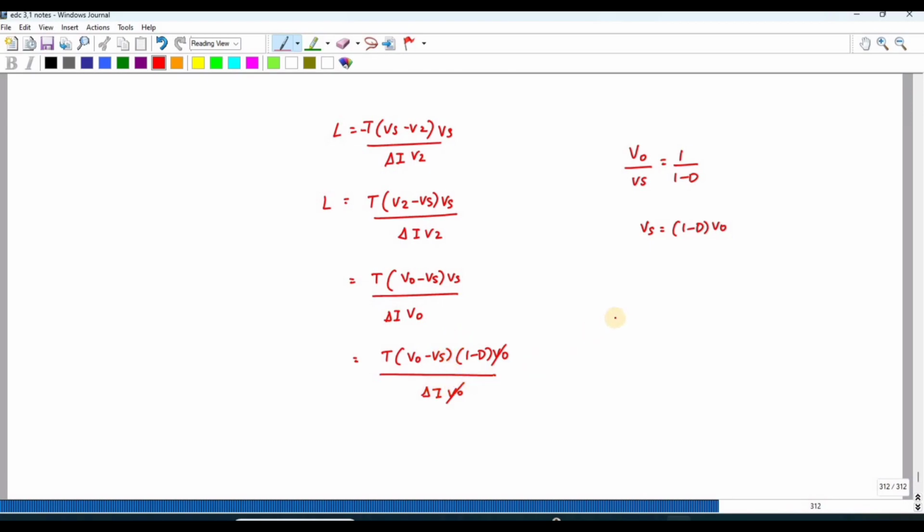So we know that del I is nothing but 2I2 divided by 1 minus D. Okay, so now you substitute this formula here. So V naught minus Vs into 1 minus D divided by 2I2 into F.